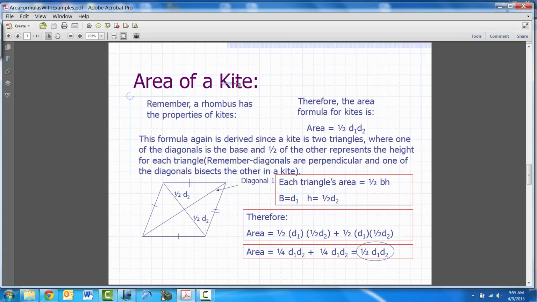So the only difference with a kite compared to a rhombus is this length here is not the same as this length here, but I couldn't care less. We're going to call this the diagonal, the base of each of these two triangles, top and bottom. And then the diagonal that's bisected, since this is a right angle in this corner, that represents the height of each of those triangles. So what we've done is cut the kite into two.